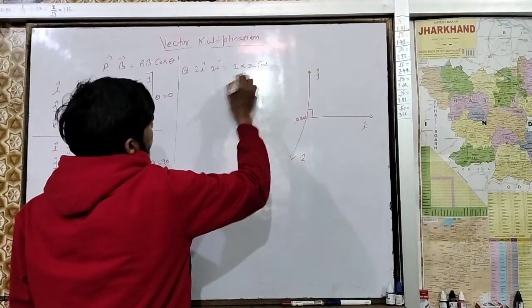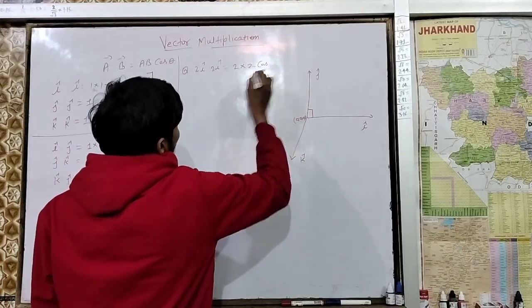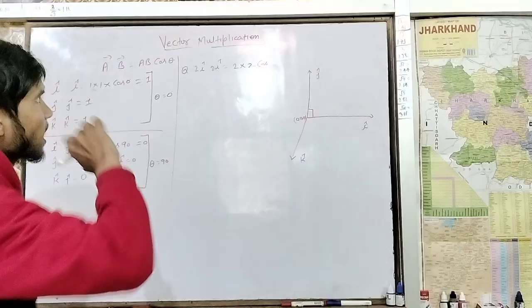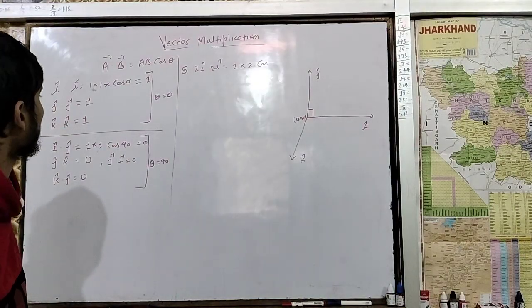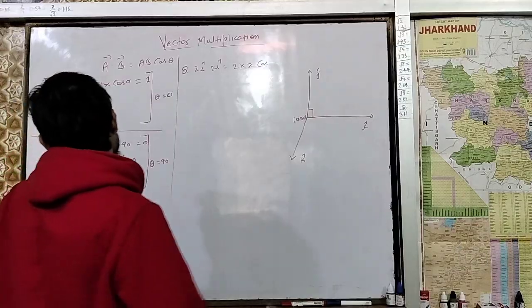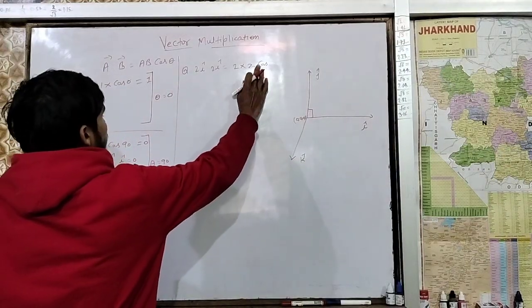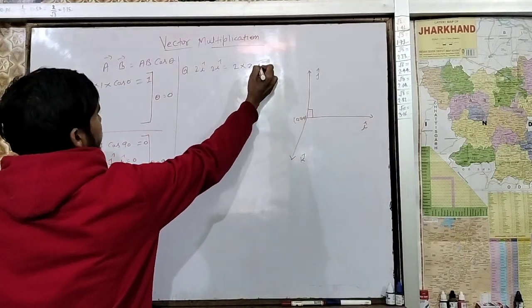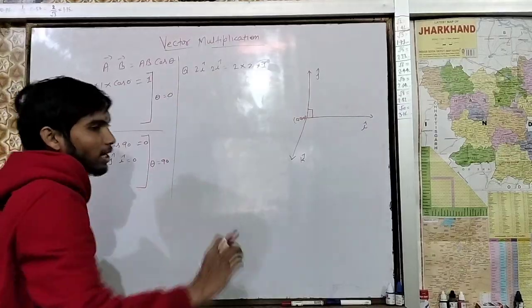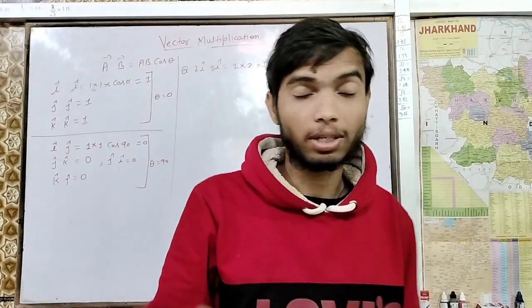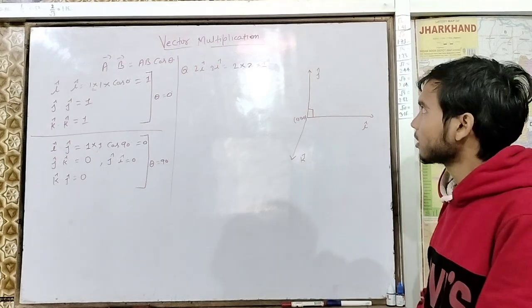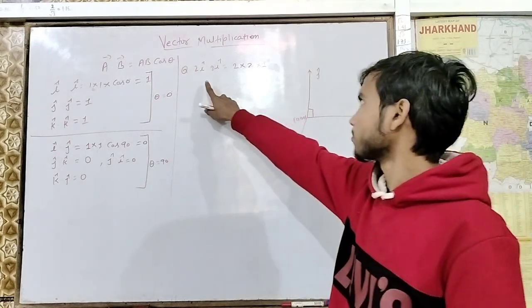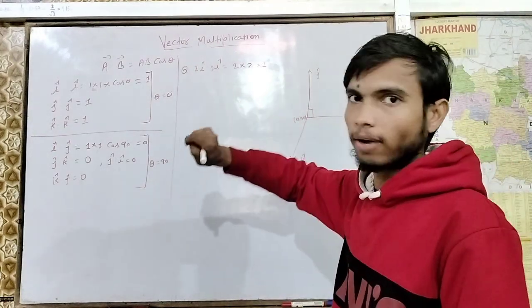Now cos theta. If a question is not providing the value of the angle, we can still find the value of the angle.